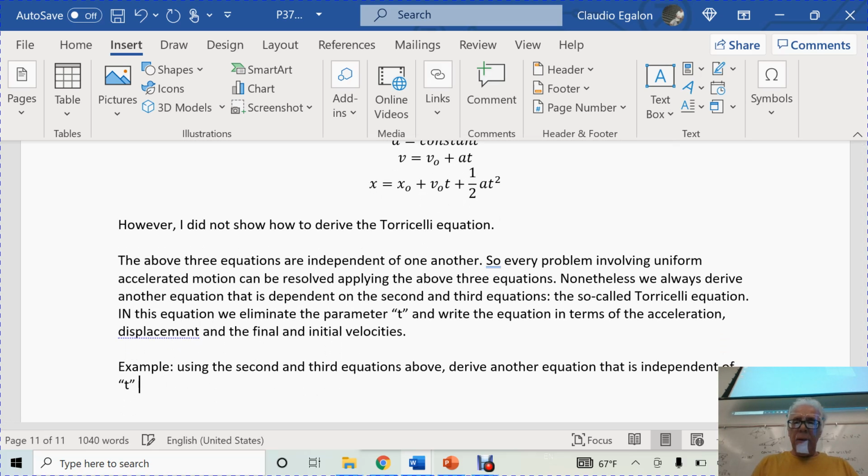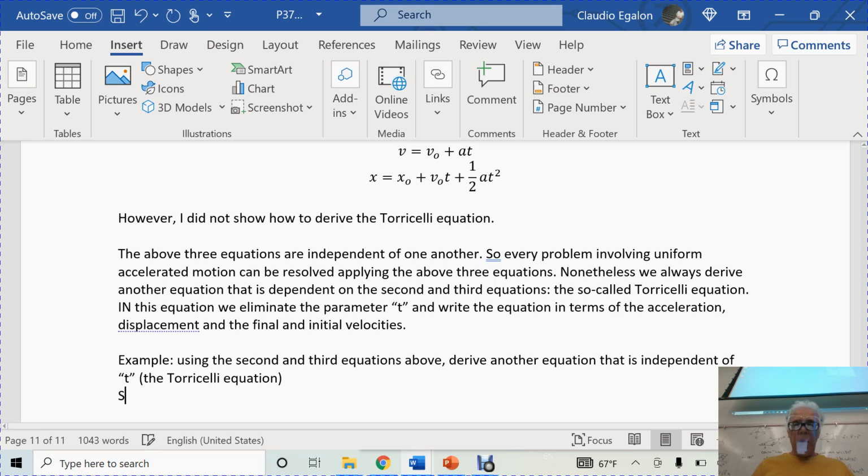The Torricelli equation. So that's the idea here. The idea is to get an equation that's independent of t, that does not depend on t. So we start with those two.